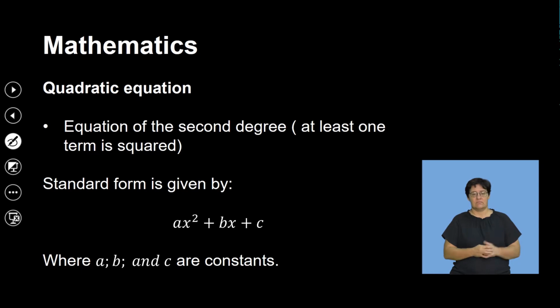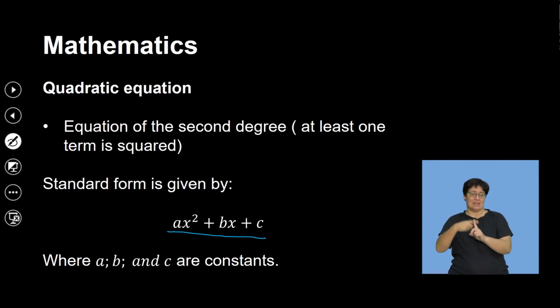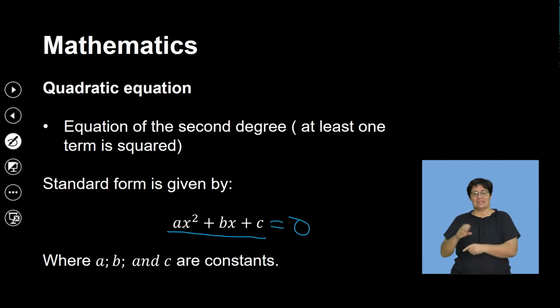Now, a quadratic equation is an equation of the second degree. What do I mean? At least one term needs to be squared. The standard form is normally given by ax squared plus bx plus c. But because we're talking about an equation, we then need to include an equal to 0 there, or an equal to any other number.